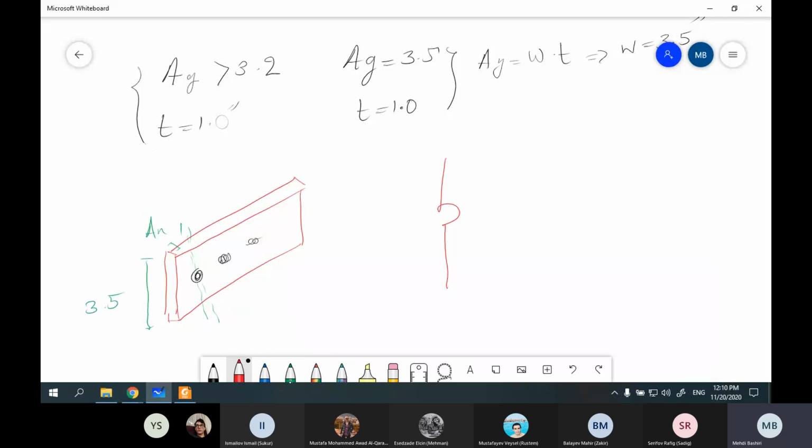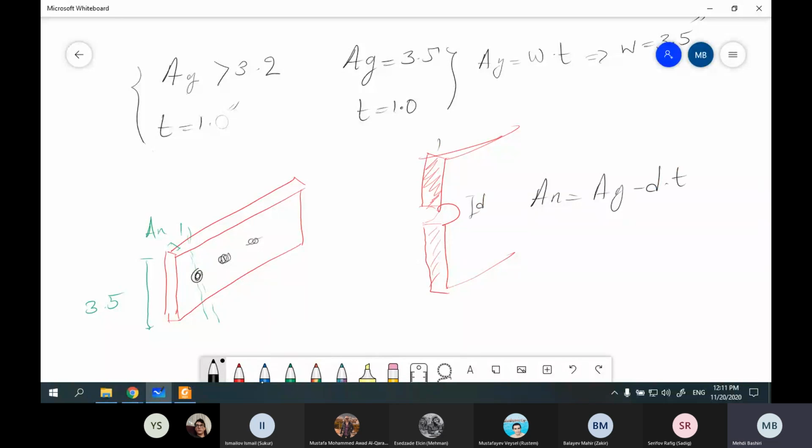In this shape, An is Ag minus holes. One hole, this is d, and the thickness is 1.